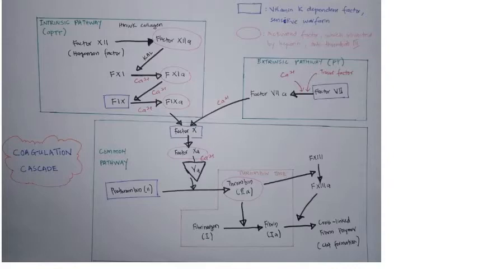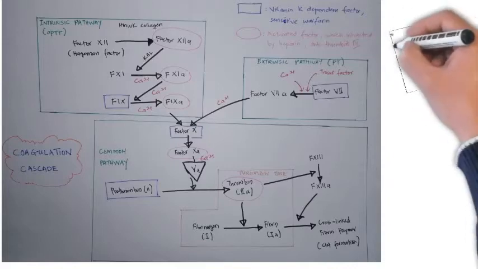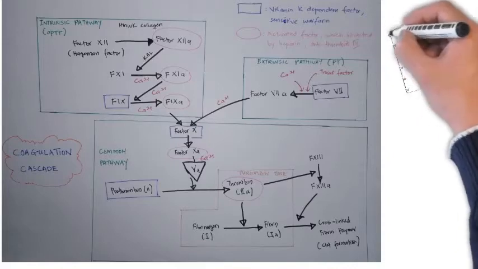In the intrinsic pathway, it starts with activation of factor 12 to factor 12A, the activated form, after exposure to endothelial collagen. Factor 12A acts as a catalyst to activate factor 11 to factor 11A. Factor 11A acts as a catalyst to activate factor 9 to factor 9A.